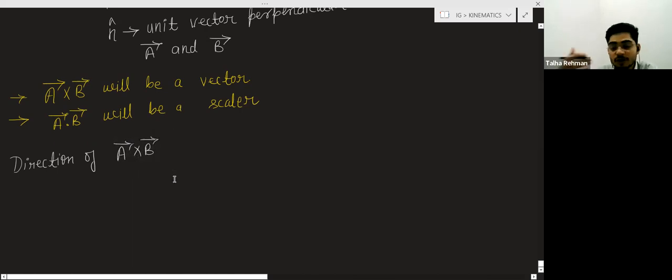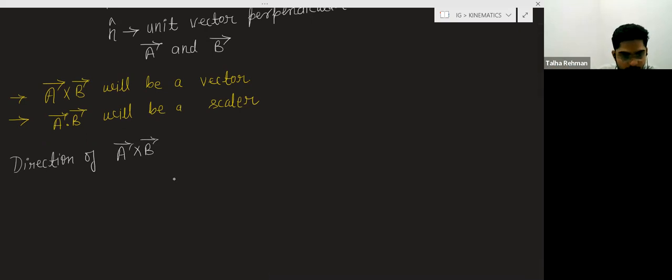Now, how can we find the direction of A cross B? First, we should know what A cross B is. I have told you just now, A cross B is simply the magnitude of A vector, magnitude of B vector, and sine theta into n cap.